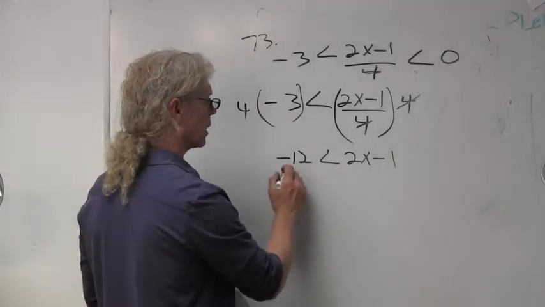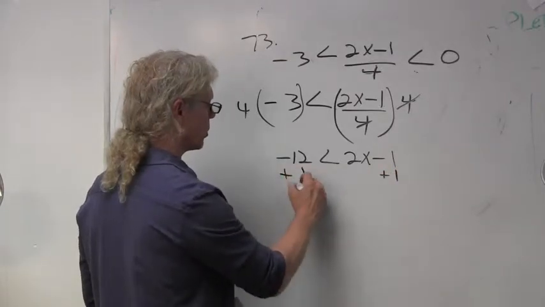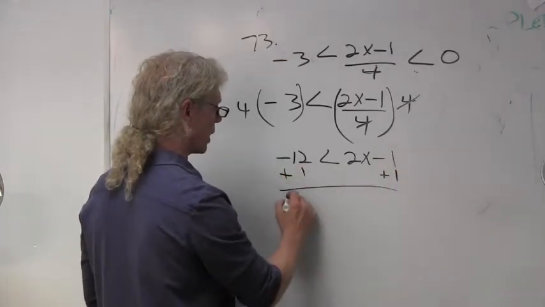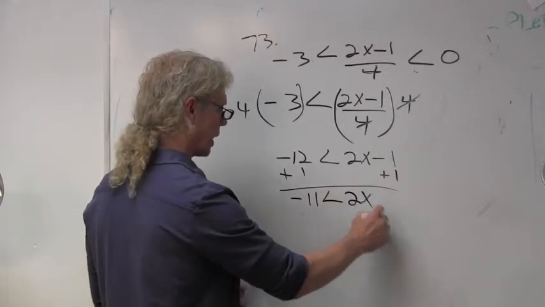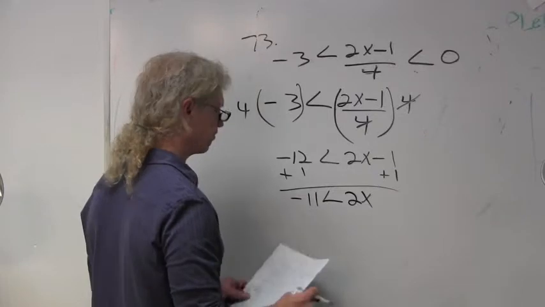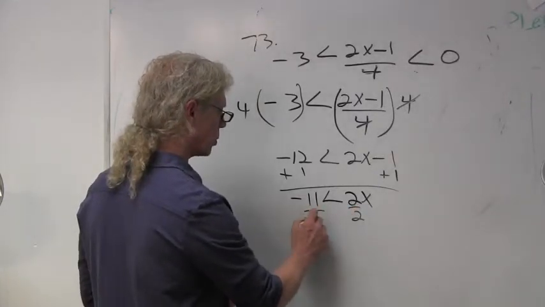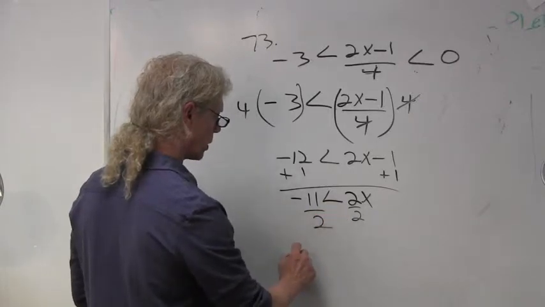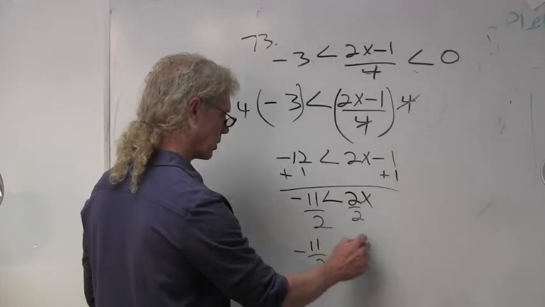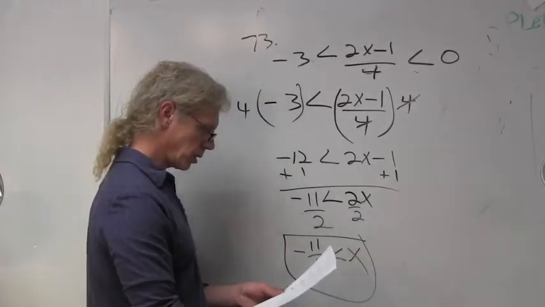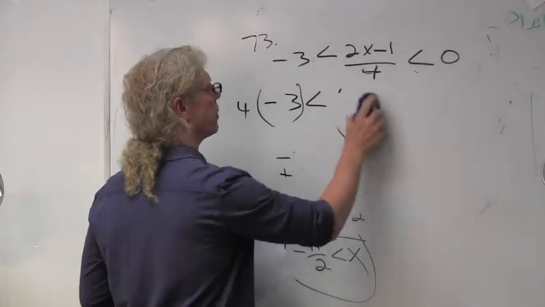We will add 1 to both sides, leaving us with -11 is less than 2x. And I will divide both sides by 2, which will leave me with negative 11 over 2 is less than x. Okay, so that's the first piece. Pretty simple.